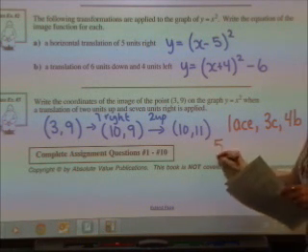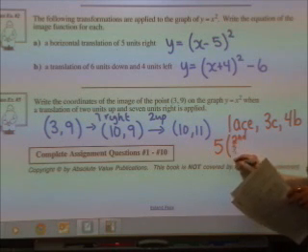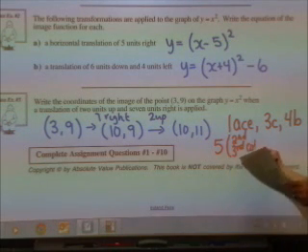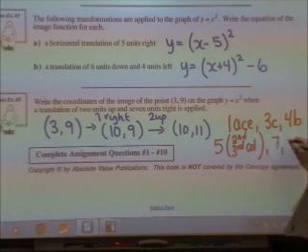Question number 5, I want you to do the second and third column. And then 7, 9, and 10.